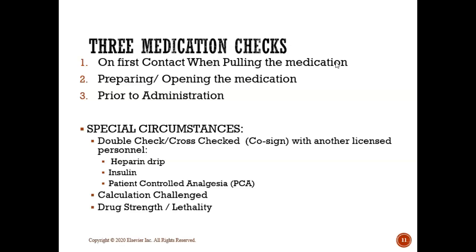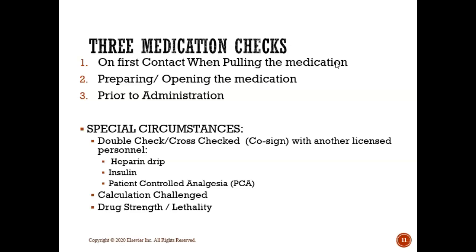Another thing that we double check or cross check or have another person co-sign with us would be your PCA. PCA is patient controlled analgesia. So basically this is your opiate medication, so pain medication. You set it up on a pump and the patient has the ability to administer the medication to themselves through a button.